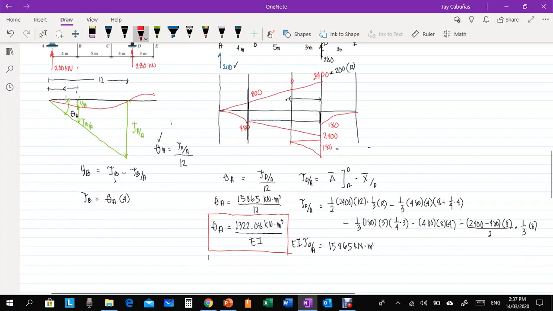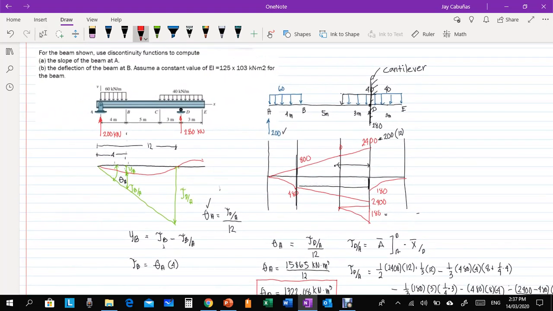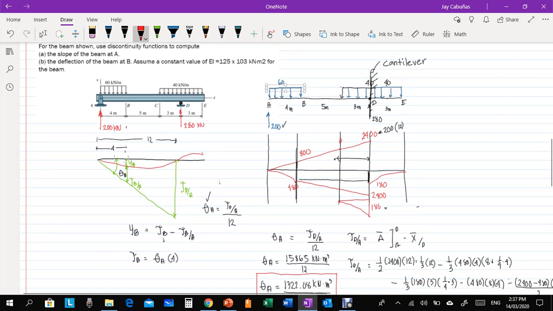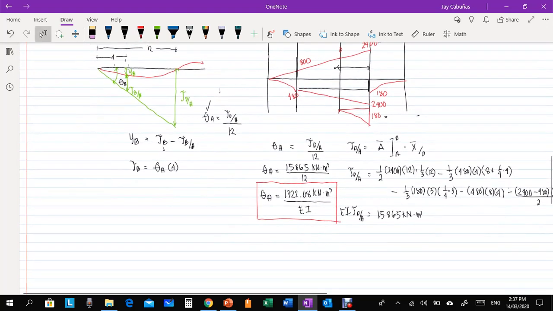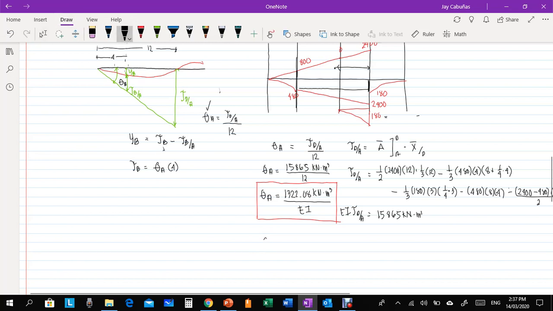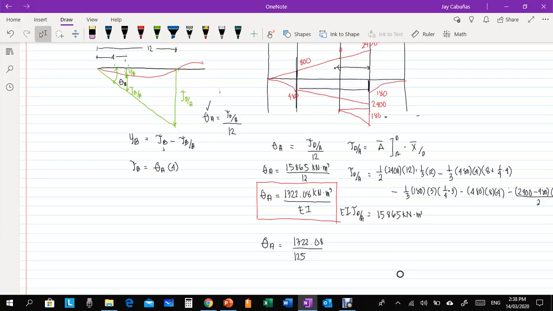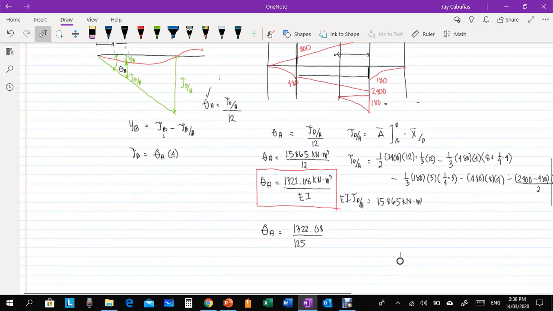Okay, the next question is the deflection of the beam at B. Assume a constant value of EI. So, if we calculate theta A, theta A is equal to 1322.08 divided by 125 times 10 raised to the 3.